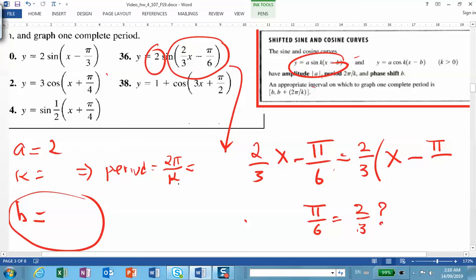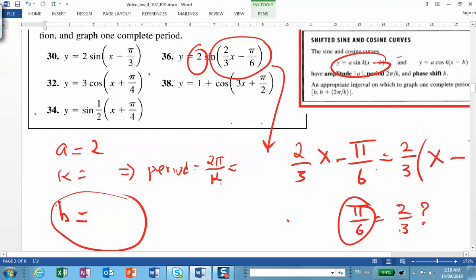Notice that if you take 2 over 3 and multiply pi over 4, you get pi over 6. That means your b is actually pi over 4. Sometimes it's not obvious. You have to do the algebra to work it out. It's not hard, but you just have to do it.